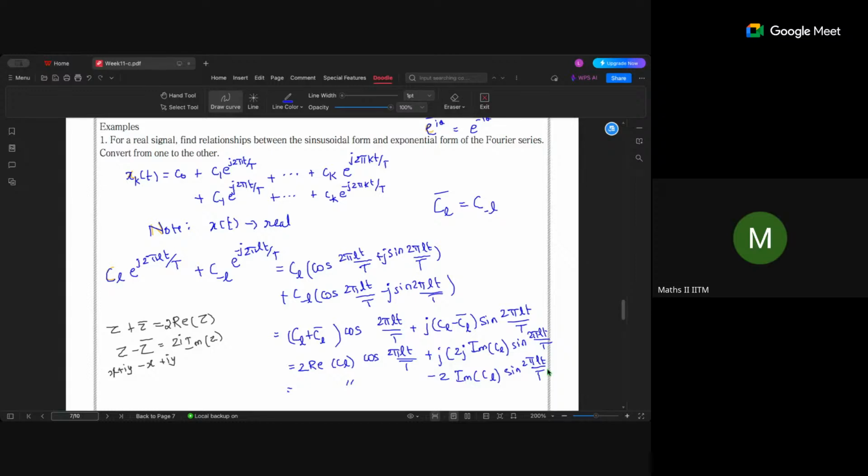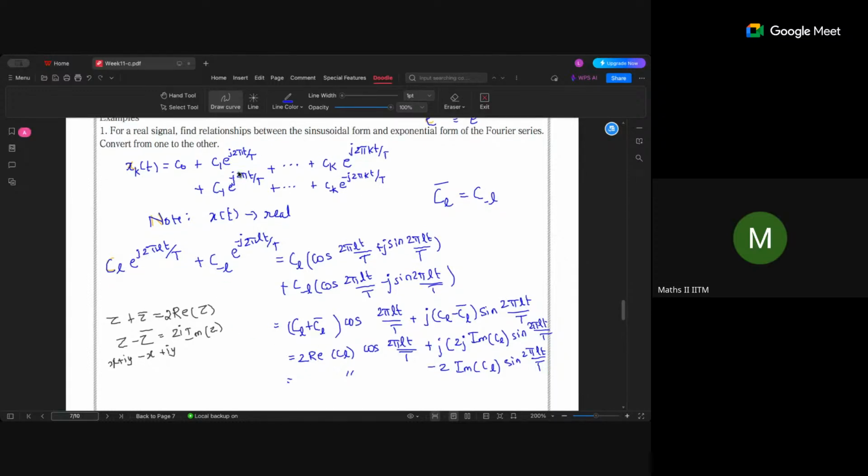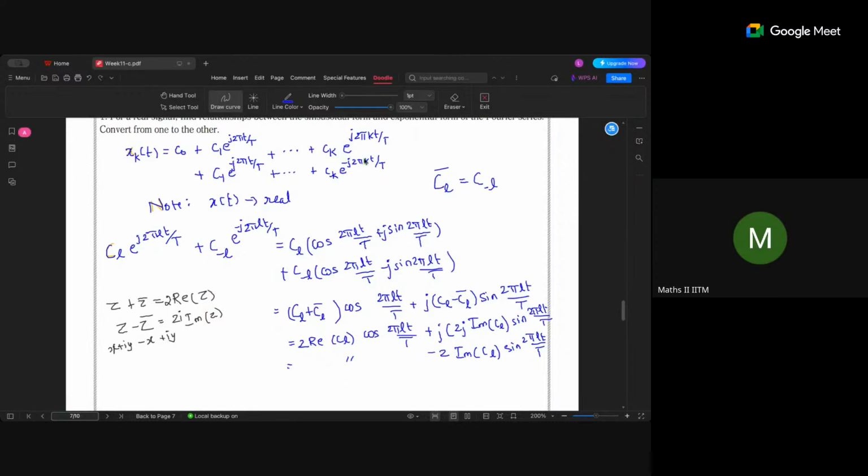Now you know how one pair has become, right? Like this you can replace each pair with a sinusoidal term. So you can see that now the entire exponential series you are able to express in sinusoidal form when x(t) is real. Is this computation part clear to everyone?